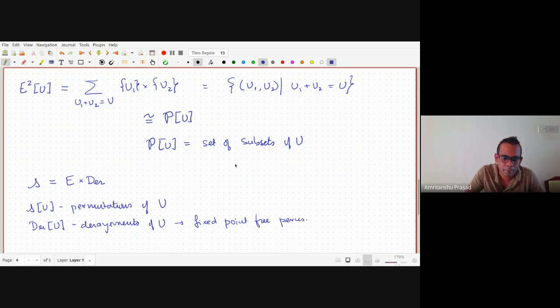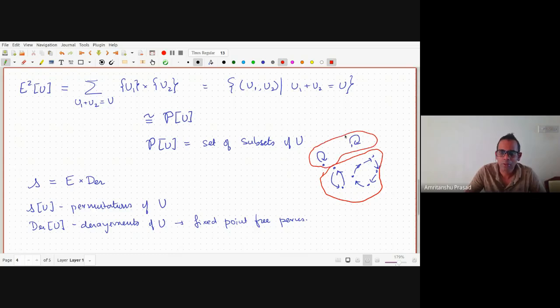And why is this? So you have some permutation. We will see it in some cycle notation. Maybe it has some 1 cycles, some 2 cycles, and some larger cycles like this. Then what you do is you separate out the 1 cycles from everything else. I'll call this U1 and this U2.